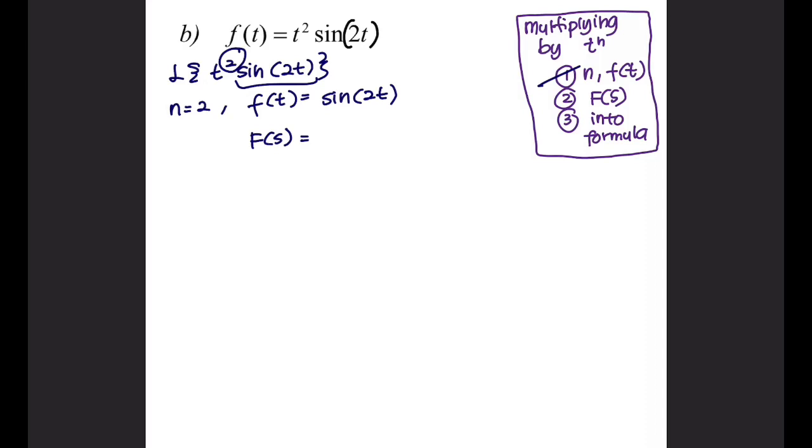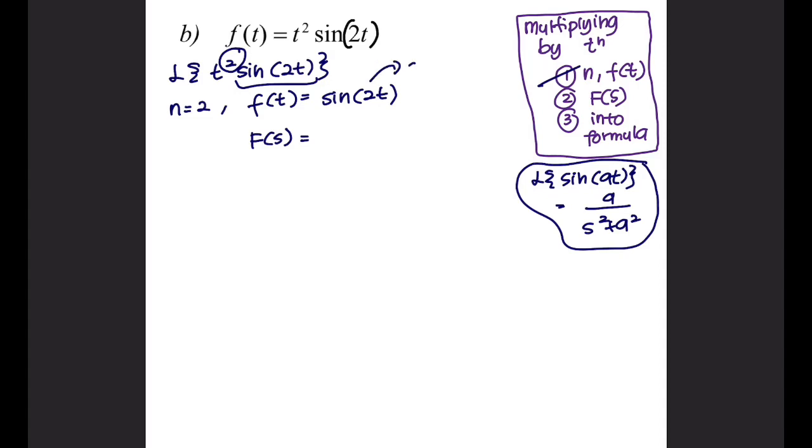Look at the table. You will see, so a equals 2. We have 2 over s squared plus 4. Okay. And then step number 3, substitute all into the formula.